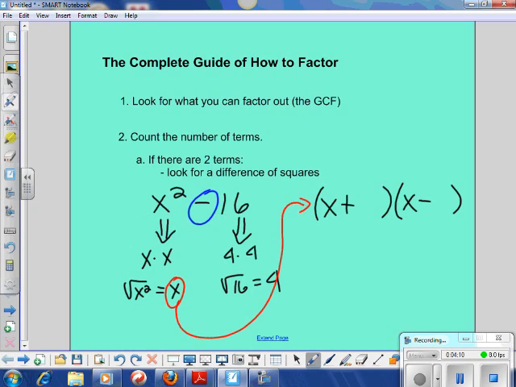And then we take our last term, the square root of that, which is 4, and that goes into the last position for each of the factors. So it becomes the sum of x plus 4 times the difference of x minus 4. This is a difference of squares. You can only do a difference of squares if you have 2 terms.